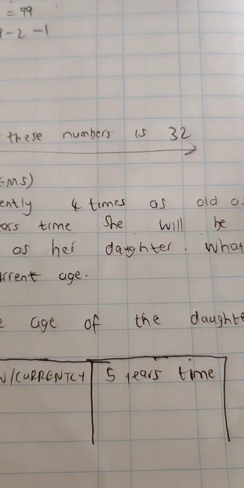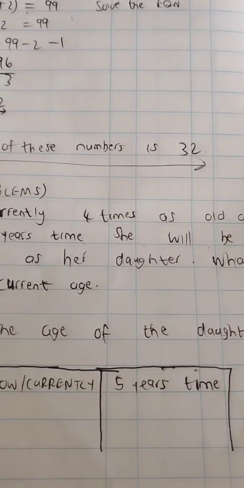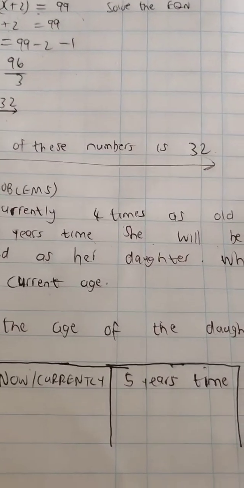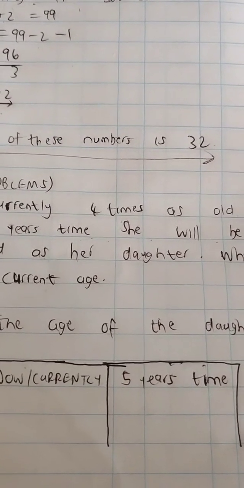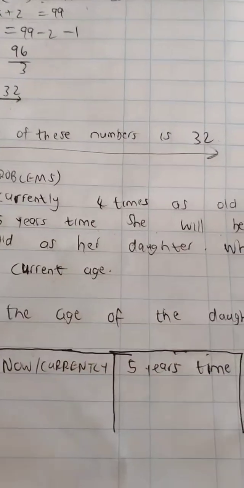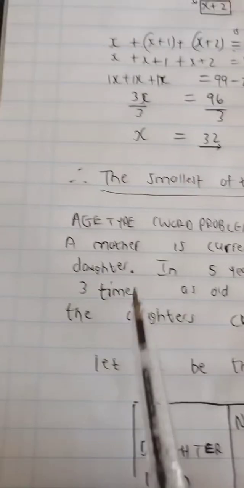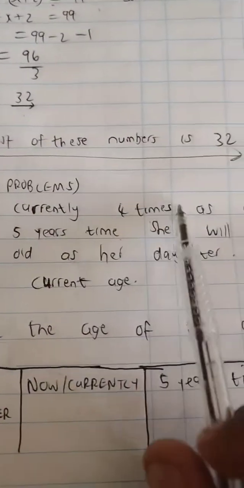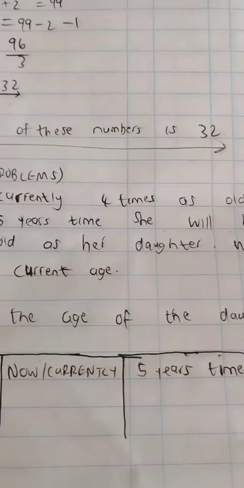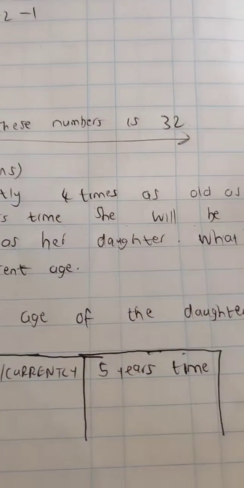How old is my father? If I am 10 years old and my father is 4 times as old as I am, how old is my father, guys? Do you guys know what 4 times implies? Because I need you guys to understand the wording and its implication. A mother is currently 4 times. If I am 10 years old and my father is 4 times as old as I am, how old is my father?